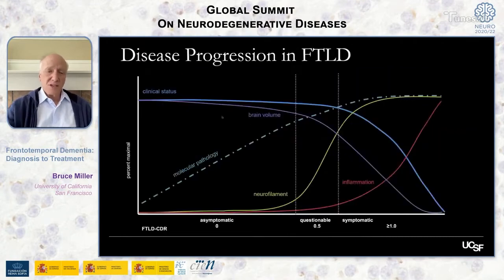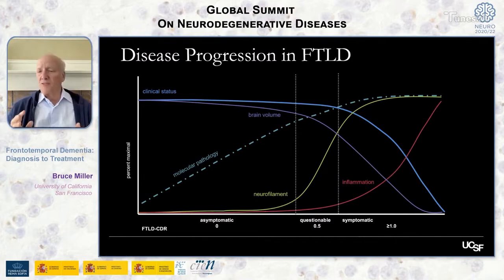Like Alzheimer's disease, we have different stages of the illness. Molecular pathology begins many, many decades before the onset of the FTD clinical syndrome. In many cases, a few years before the onset of clinical symptoms, you begin to see losses of brain volume and increases in the axonal protein neurofilament.